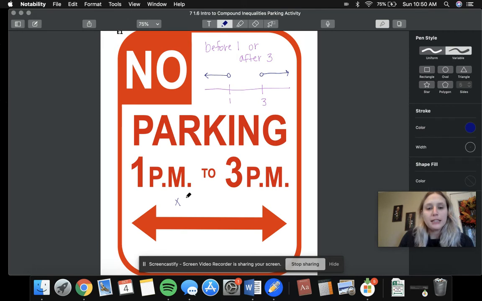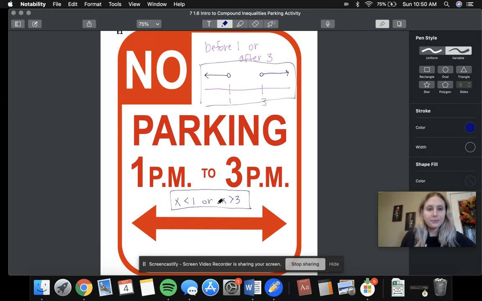I could park anytime before 1, but not exactly at 1, so I'm using the less than symbol. Or I could park after 3, so x could also be anything that is greater than 3. So for today, we're going to have you shade in a solution that would look like this, and then you will also write a statement that would look like this.